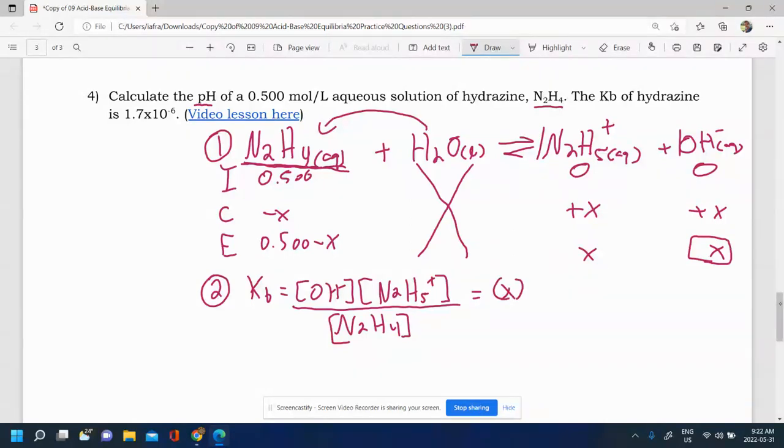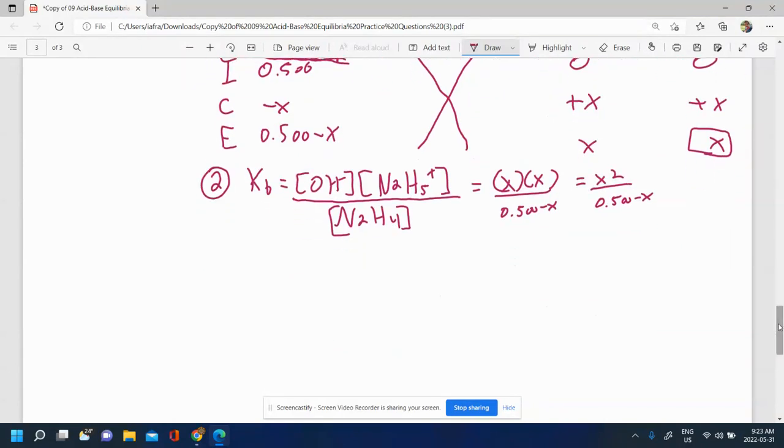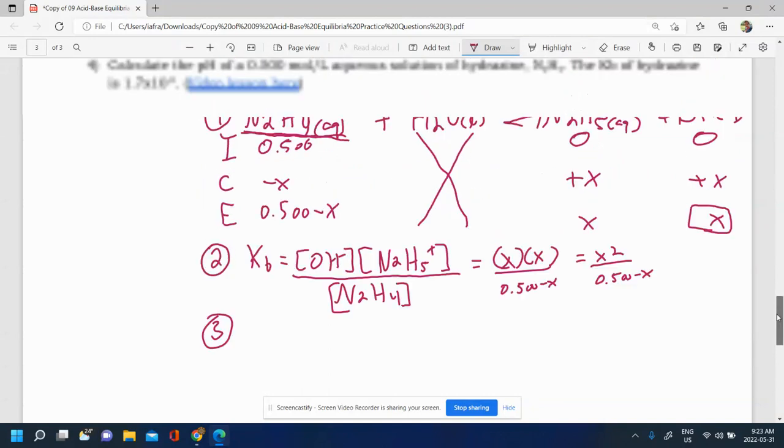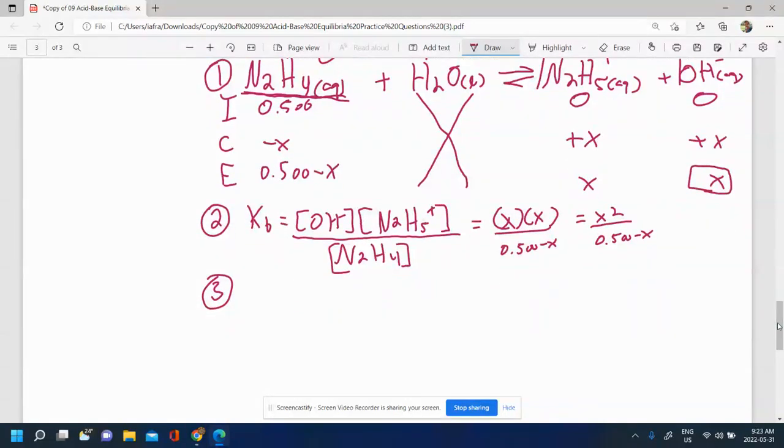So x times x over 0.500 minus x, which is x squared over 0.500 minus x. We were given the Kb, so now we can plug everything in. So we have Kb is 1.7 times 10 to the power of negative 6 is equal to x squared over 0.500 minus x.